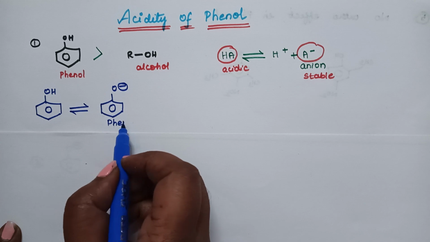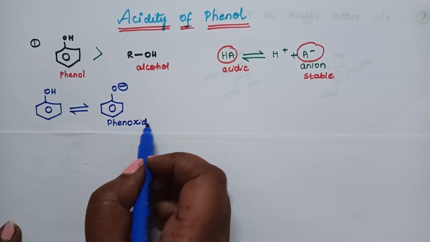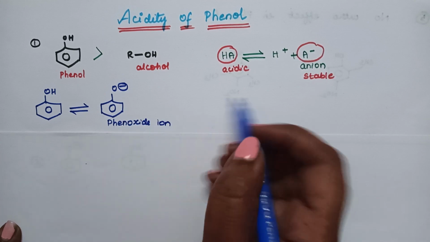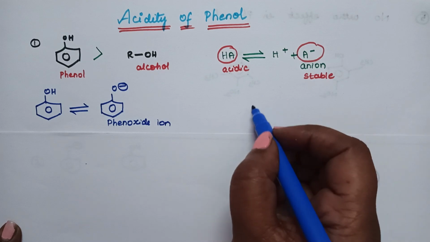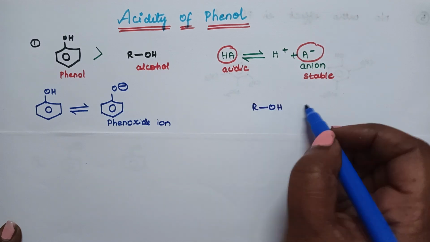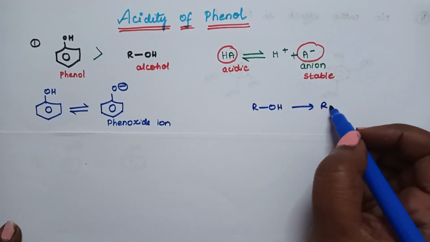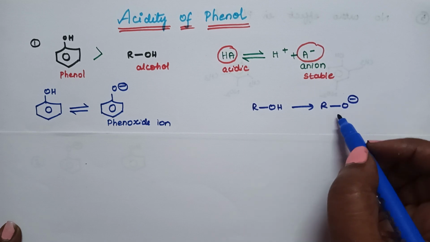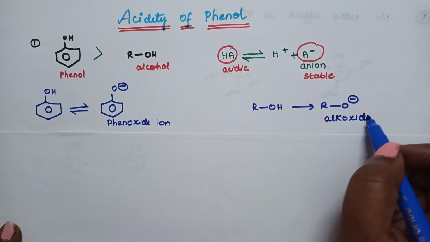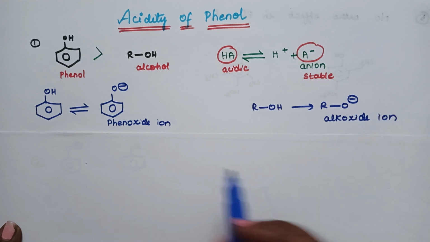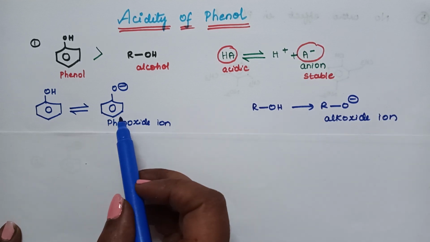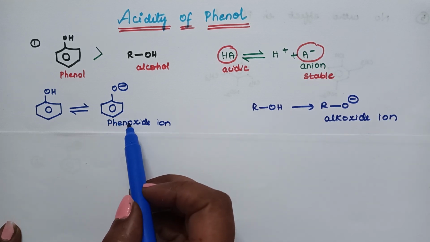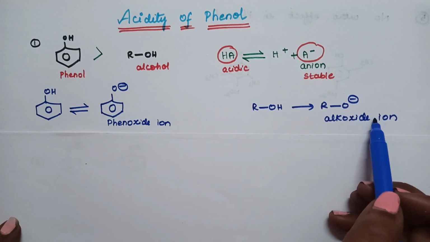This is phenoxide ion. And let us take alcohol. Alcohol will form alkoxide ion. This is alkoxide ion. So in this, which is most stable, whether phenoxide ion is stable or alkoxide ion is stable.